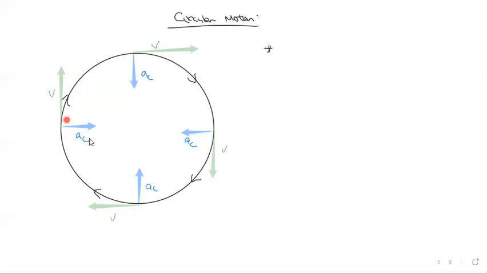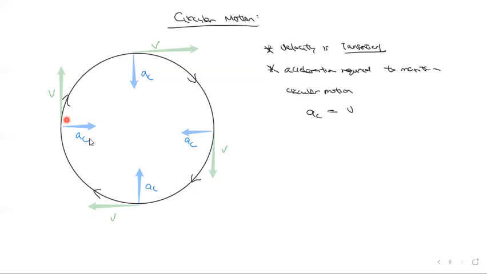So for circular motion, velocity is tangential. Regardless of whether you're speeding up or slowing down, even if you're going at the same speed, there is acceleration involved to maintain a circular motion. And that is towards the center and has a magnitude of v squared over r, or r omega squared, where v is linear velocity and omega is angular velocity.